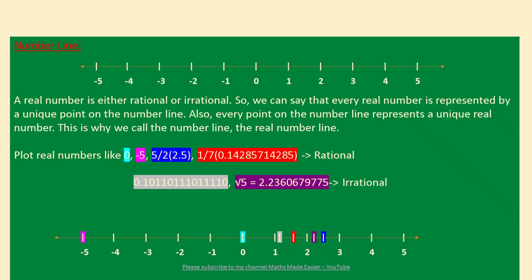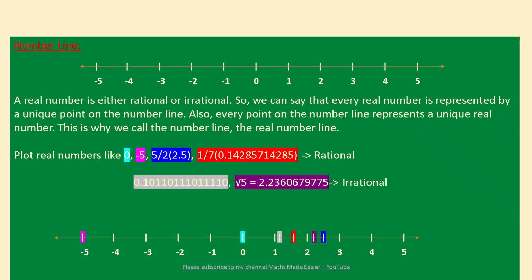For example, let's see how we plot some rational numbers and irrational numbers on the number line. I've used color codes so you can very easily identify where the rational number 0 goes into the number line, and numbers like -5, 5 by 2 which is nothing but 2.5, and 1 by 7 which is identified by the red color, are very neatly defined in the number line.